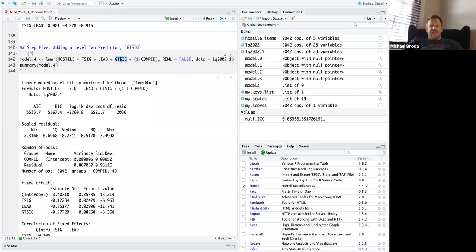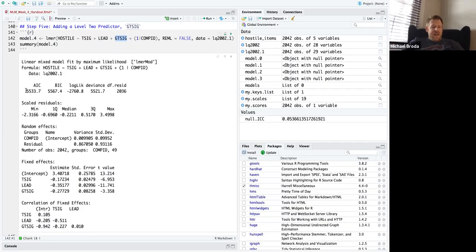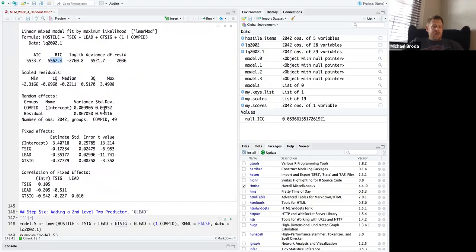It's not very hard. But for our purposes here, this is the group mean of task significance. And I've added that into the model in the same place. You can put the last predictor. And this appears to have some impact. Our AIC has dropped, our BIC has dropped quite a bit, or a little bit. Here are our variance components. And notice, I know I get really excited about these numbers. Notice what happens to the random variance at the company level.